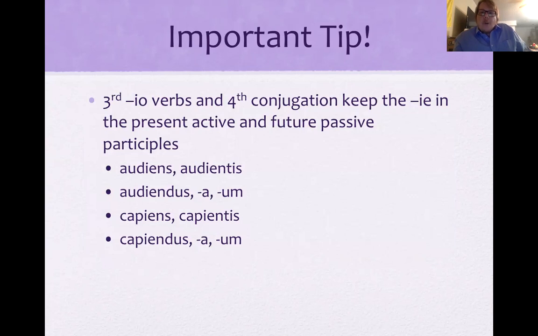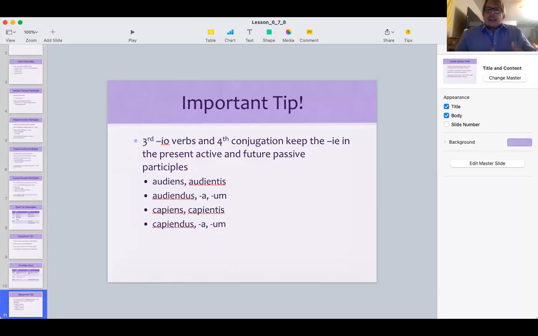So hopefully this helps as an introduction to our participles. We're going to go over this a lot more in detail later, but hopefully here we have a good jumping off point for us.